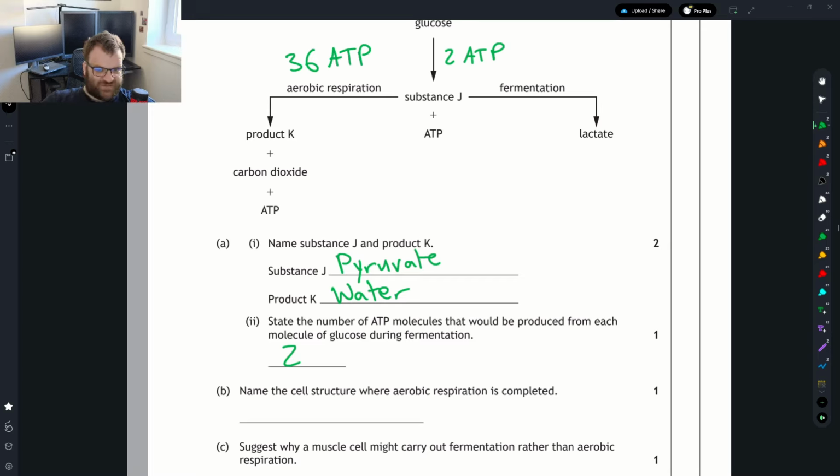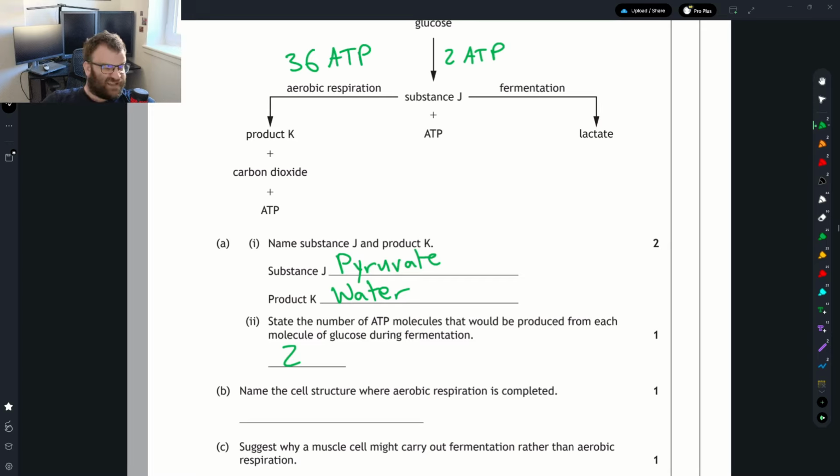Each pyruvate that is formed makes 18 when it goes through the left-hand aerobic part of it. So if it's asking you about just the left-hand part, it'd be 36 altogether. If it was going from glucose all the way through aerobic respiration, 38 is the answer for that. Had this earlier with the mitochondria. That's the site of aerobic respiration.